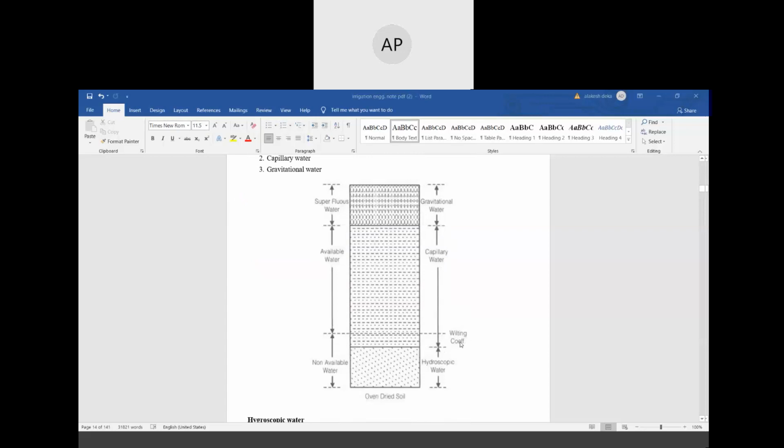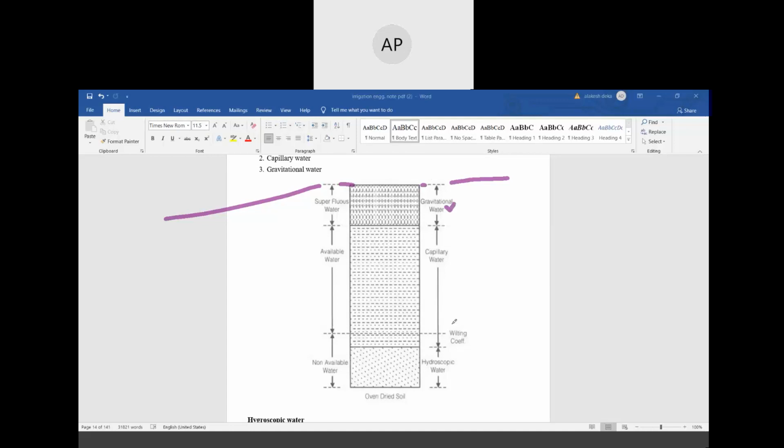So in this figure, suppose this is your ground. Okay, this level is your ground. Immediately below the ground, the water which is available is called gravitational water.